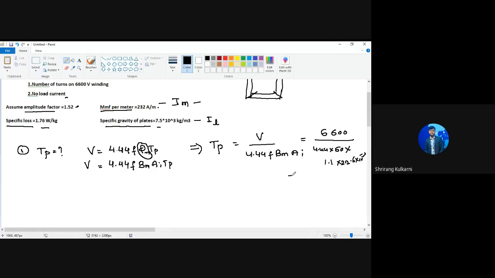How much is it? Has anyone calculated? So you will get 997. So the number of turns Tp is equal to 997 turns.